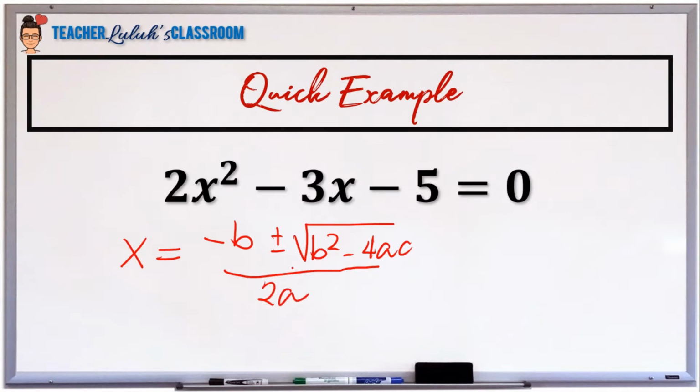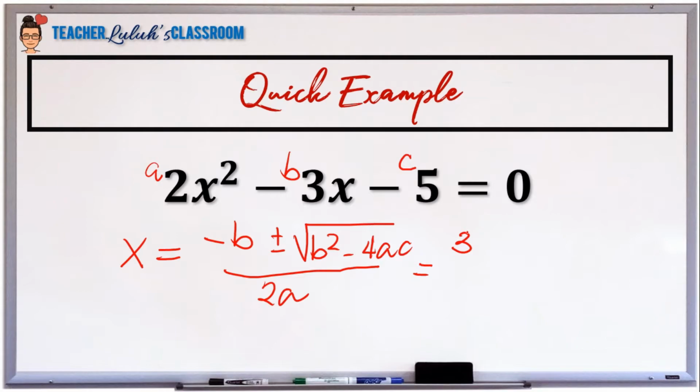So substituting, we know that a is 2, b is negative 3, and c is negative 5. So that will be, okay, b is negative 3. In the formula, it's negative b, so that means we have to negate b. So this is negative 3. Negation of that is positive 3.